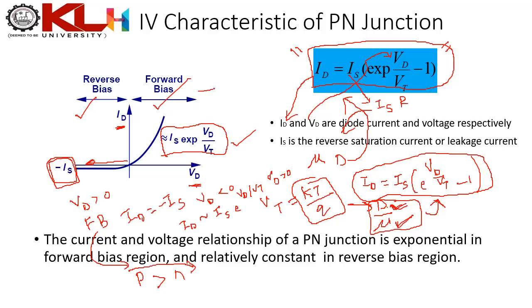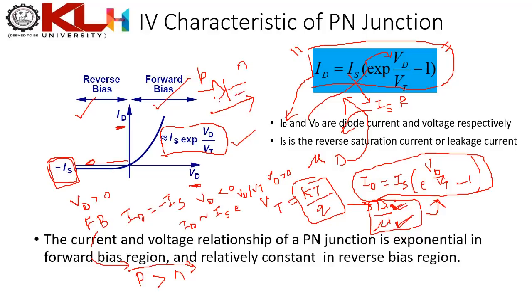Okay, let me put it this way. If this is my diode, this is my P region and N region. Current flows only in the forward bias. When it is forward biased, P is at a higher potential than N, so current flows only from P to N. Very good. But what is happening in reverse bias?